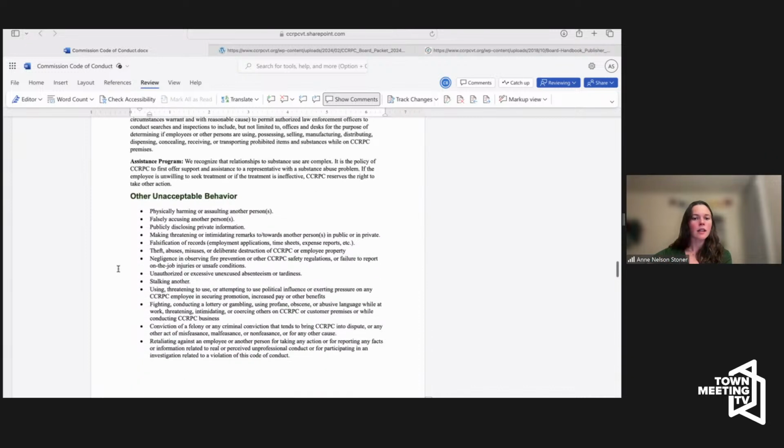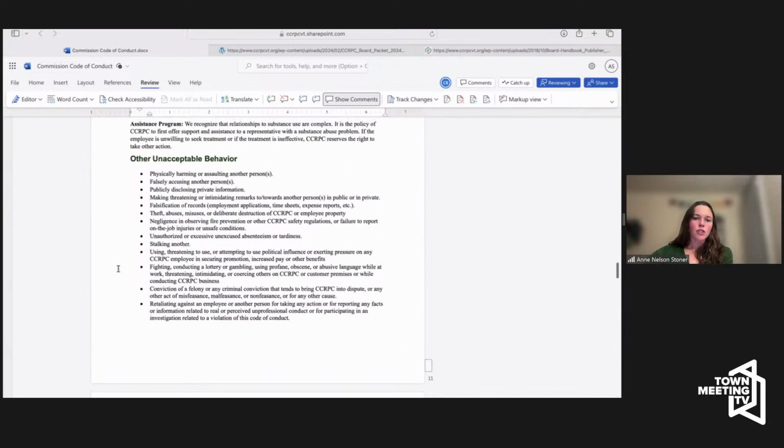And then there is a shortened list of other examples of unacceptable behavior. I've tried to focus here on serious behavior, most of it unlawful, and not try to laundry-list all the behavior that we don't want to see at CCRPC. Instead, the focus is on what we're striving to do, how we're striving to behave.